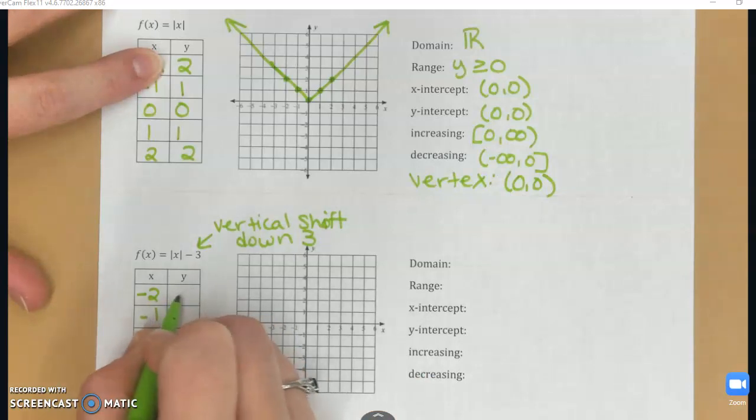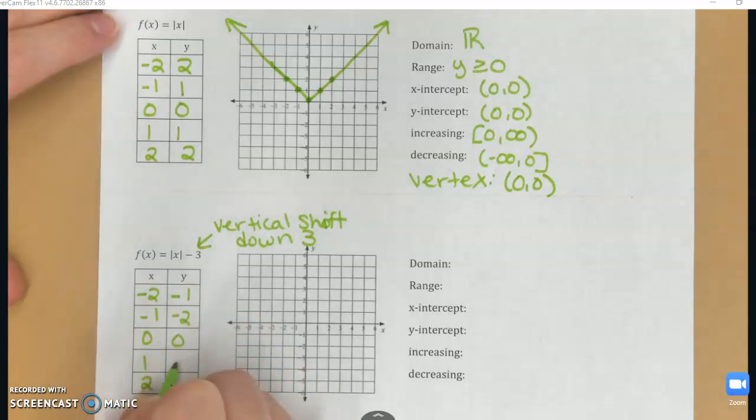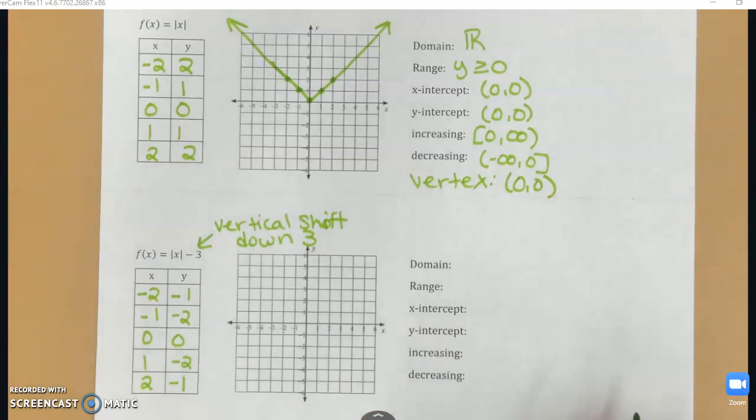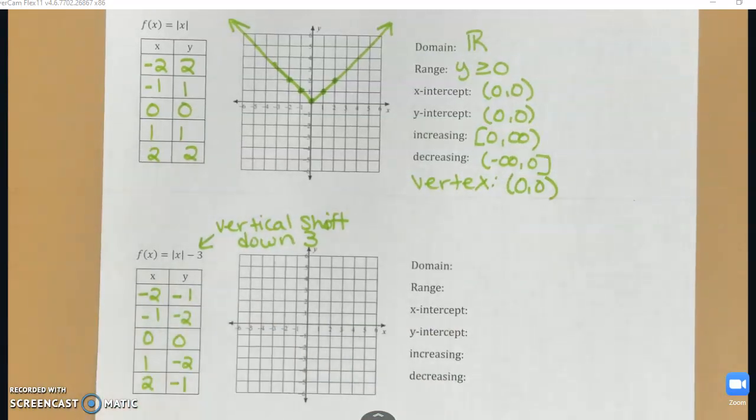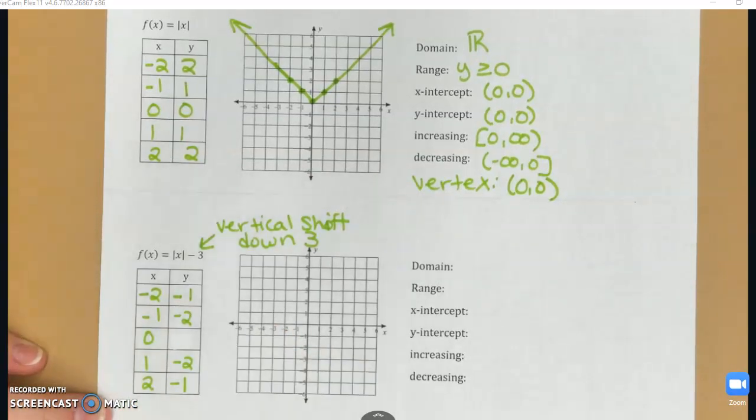This will be -1, -2, 0, -2, -1. Oops, and that's not 0, that's -3. Silly Miss Treadway. Brain fart. So those are going to be my new coordinates.